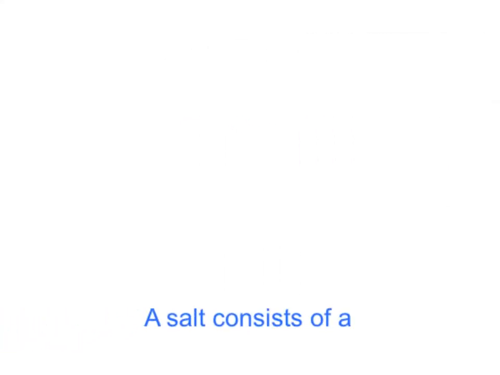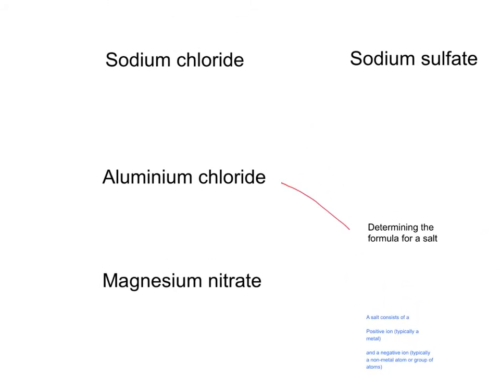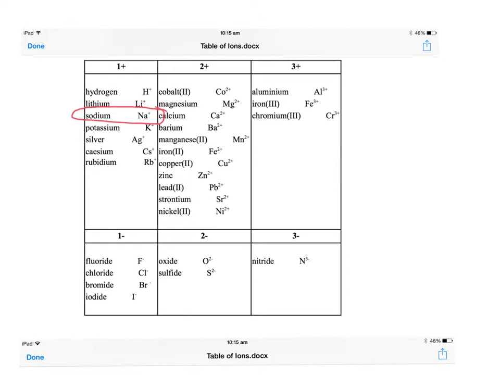So we know our metal ion is Na+. Now, if we do the same thing for the negative ion chloride, here's chloride, Cl-.